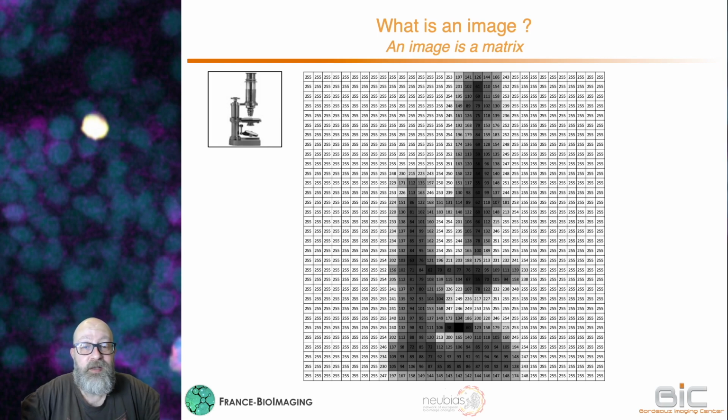And unfortunately, computers are limited. You can't work with all the values of the universe. So we must quantify the signal that is captured by the detector and scale it, put it on a scale. Use a scale to measure the amount of light and represent the intensities that are collected.